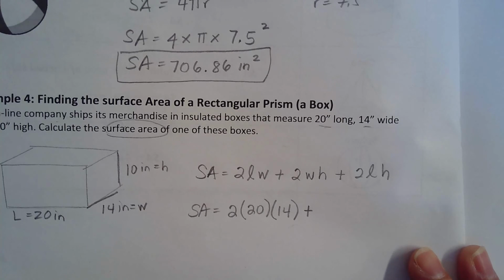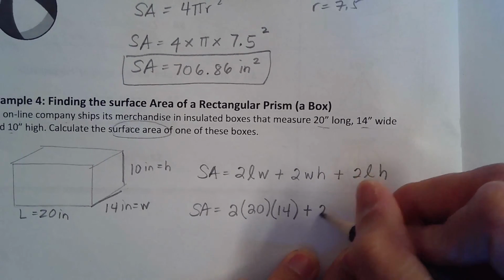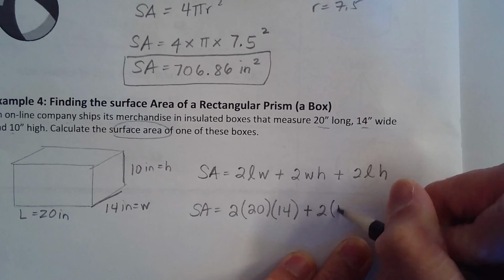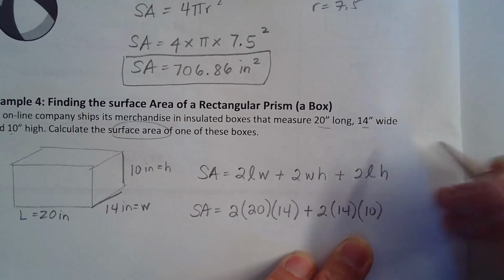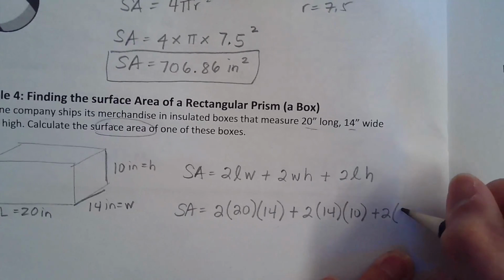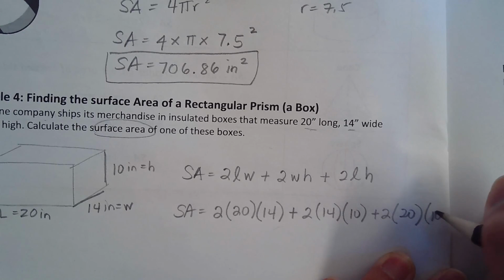Or does it really matter? Doesn't matter, right? You like X? Okay, then do the X. So 2 times width, 14, times height of 10, plus 2 times length, which is 20, times height of 10.